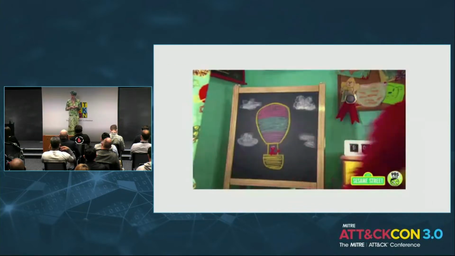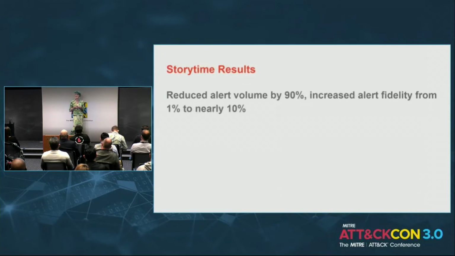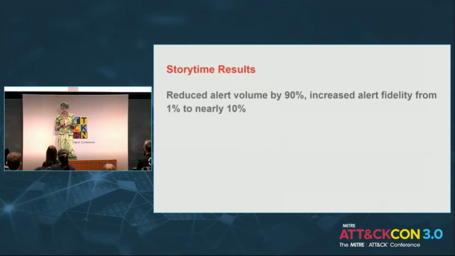But what we were able to do is reduce alert volume by 90%, which sounds wild, but I believe I've seen those numbers over and over when someone implements risk-based alerting, and also increase alert fidelity from 1% to nearly 10%. And not just that we're pigeonholing on the fact that we reduced 90% of alerts and that's what's left, but more that I think the issue with a lot of detection is we have these alerts that just keep making more and more alerts.